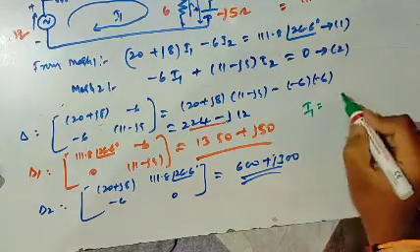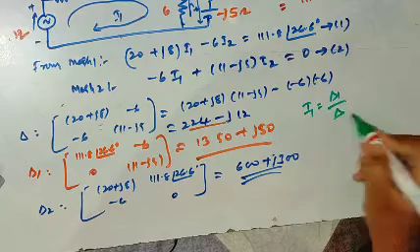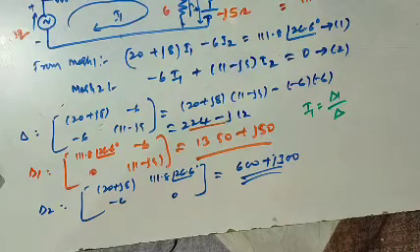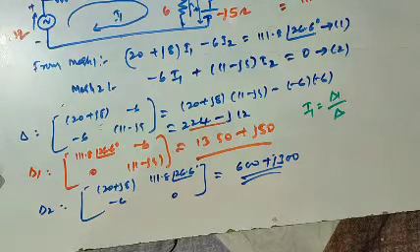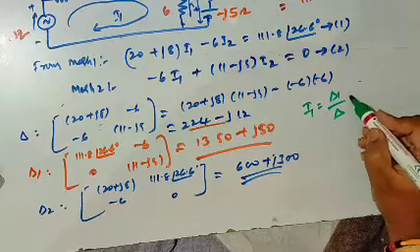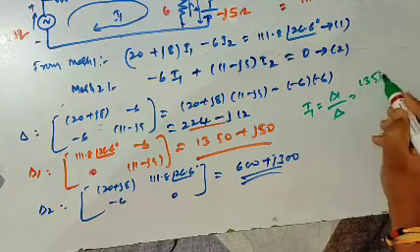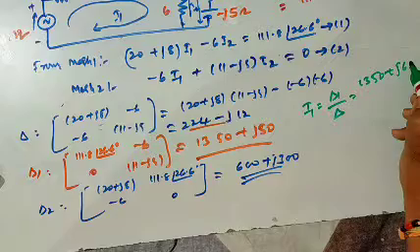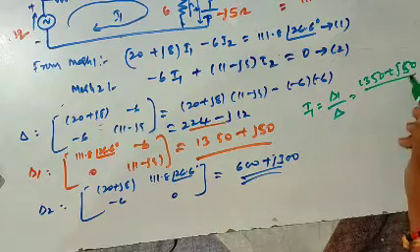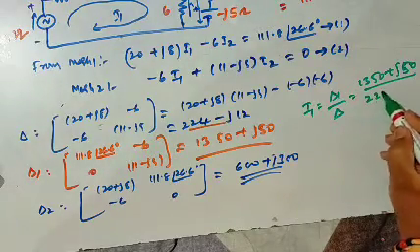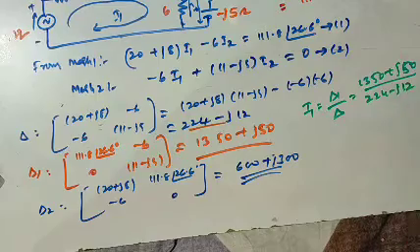I1 is equal to delta 1 by delta. What is delta 1? Delta 1 is 1350 plus J50 divided by delta, 224 minus J12.